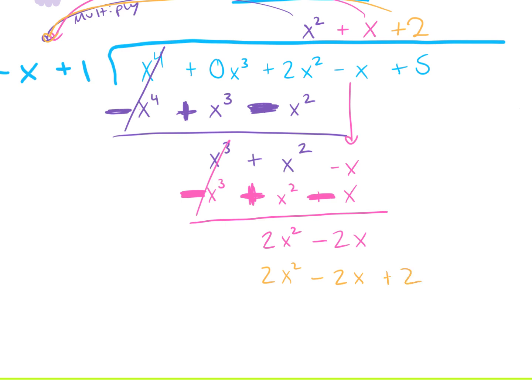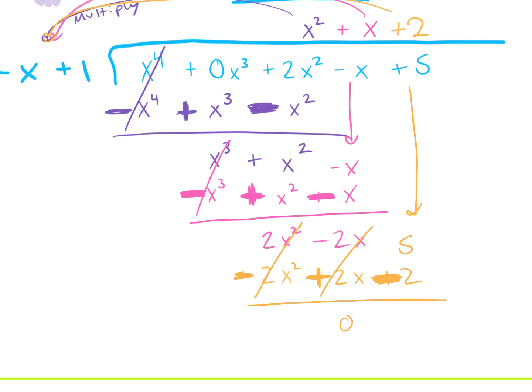What's next? Change the sign, change the sign, change the sign, and combine. So what happens to our 2x squareds? Cancel. What is negative 2x plus 2x? 0. They cancel out too. And then I'm going to drop down that 5.